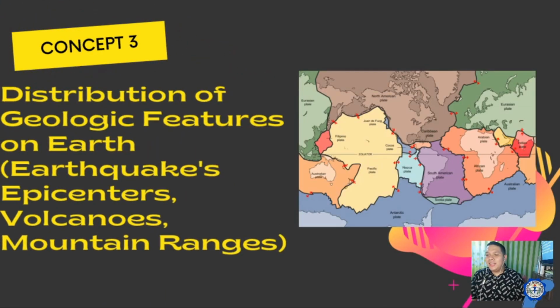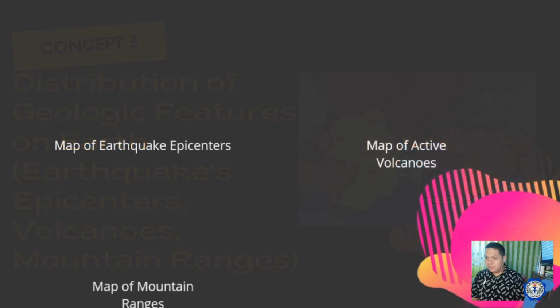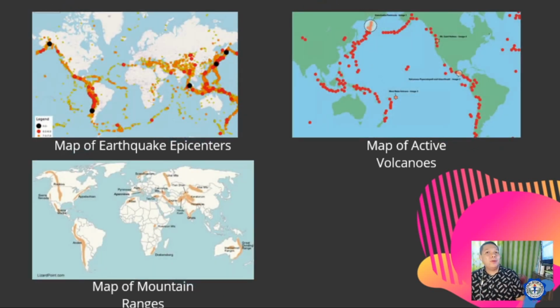Okay, let us now continue with concept number 3, or the distribution of geologic features on Earth such as earthquake epicenters, volcanoes, and mountain ranges. I want you to observe these 3 maps that we have from our last meeting. First, we have the map of earthquake epicenters. Second, the map of active volcanoes.